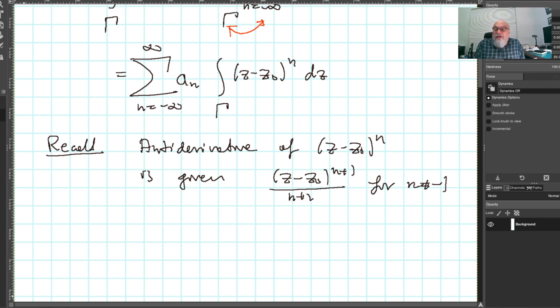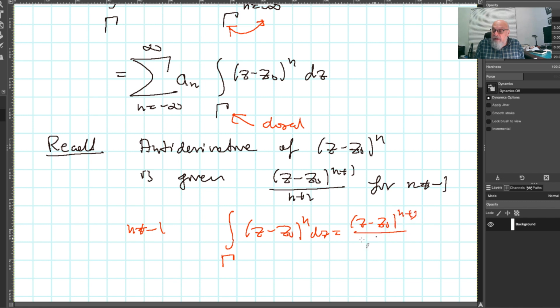So if this function has an antiderivative, and this is a closed contour, then if n is different than minus 1, this integral is exactly (z minus z0) to the power n plus 1 taken from z0 to z0, so it must be 0.